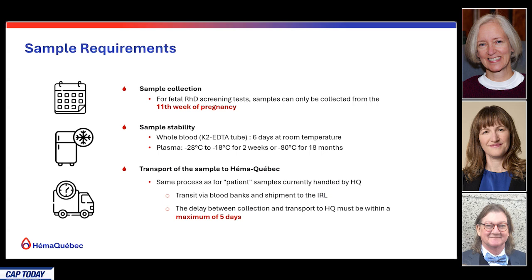However, considering that Quebec covers a large territory and that weather conditions can be extreme during the winter, we may ask remote sites to centrifuge, separate the plasma, and freeze the sample if the delays cannot be respected. Another option would be to use a stabilizing tube. However, at this time, based on our experience for patient samples that are sent to our immunohematology reference lab, we are confident that samples can be sent within 5 days.